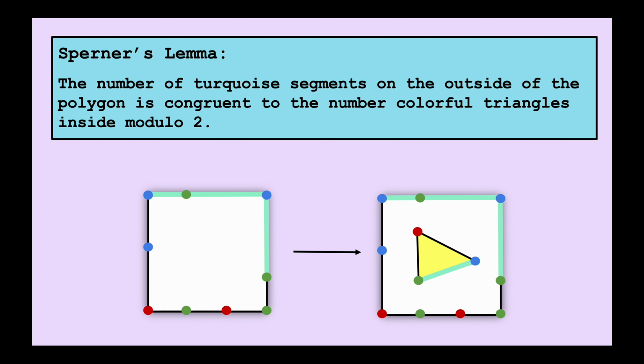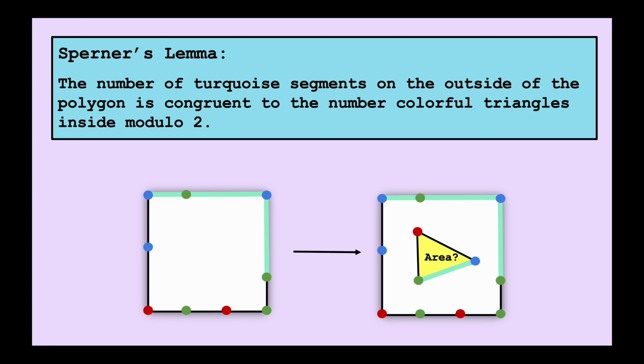This would simplify our original problem by giving us something that's essentially constant across all arrangements of triangles inside the square. What we ideally want then is a tool that allows us to somehow connect colorful triangles to our equal area condition. If we could make such a connection, then we would have nearly solved the problem by allowing us to only look at the outside of a square in order to learn about the areas of triangles within.